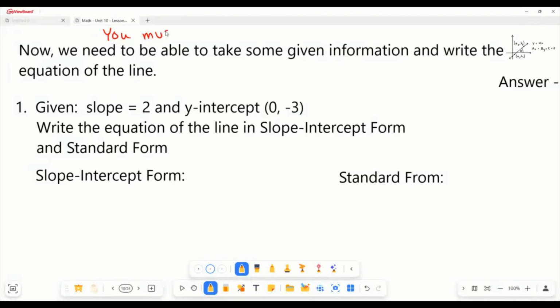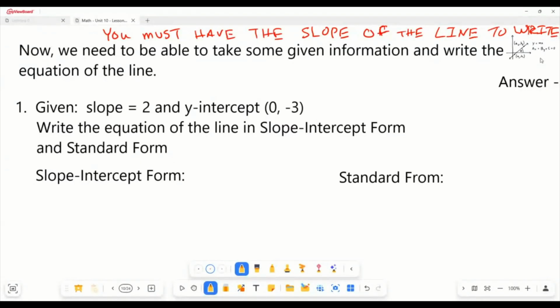You must have the slope of the line to write the equation.